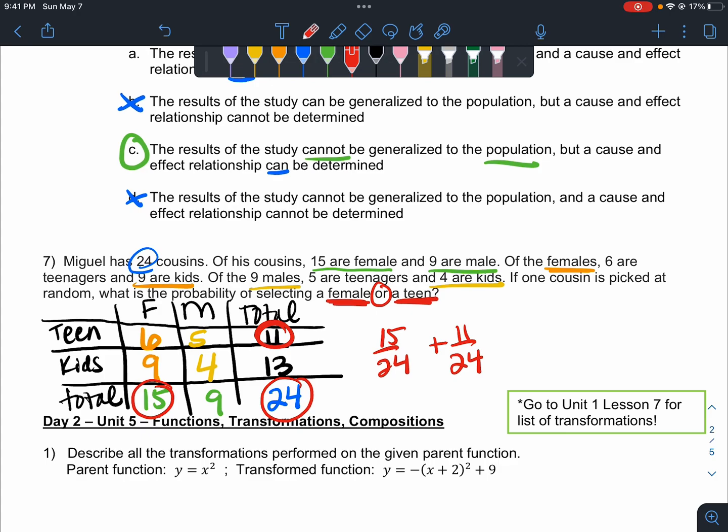But note that we did count some twice. So that would be the 6 teenagers that are female. They got counted twice. So we need to take that 6 out of 24 and subtract it. So then I would get 20 out of 24, which would be 0.8333.